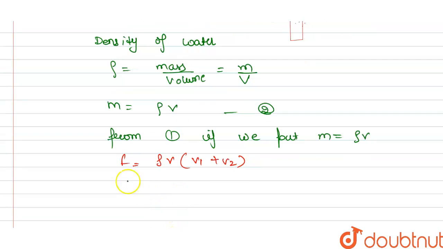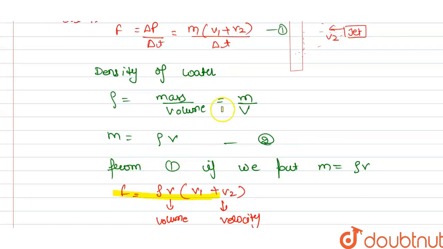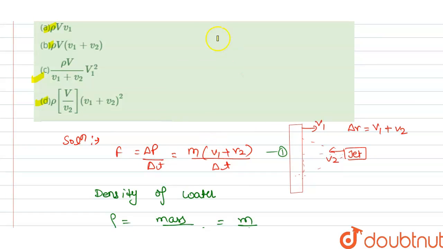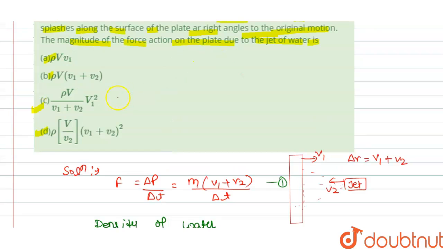So this V is for volume, and these are velocities here. So this is the relation we get between force and density of water. So net force acting on the plate due to the jet of water is this, so our option B is correct here.